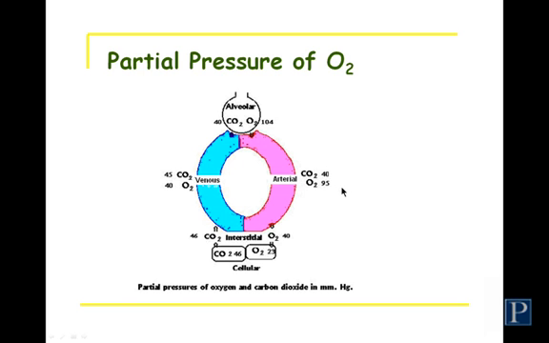Now, the partial pressure of oxygen in arterial blood is anywhere from 95 to 100 millimeters of mercury. Nothing's going to happen to it yet because you can't exchange it till you get down to the level of the capillaries. At the capillaries, oxygen is going to go from the blood into the interstitium because, again, there is a pressure gradient.